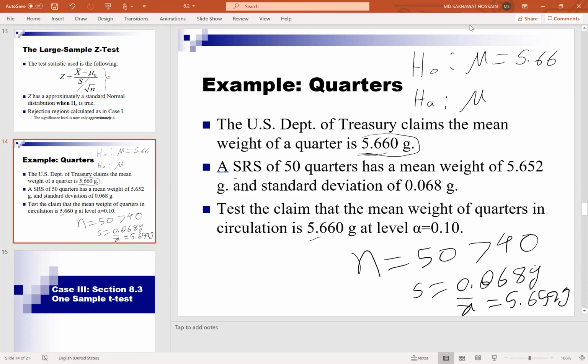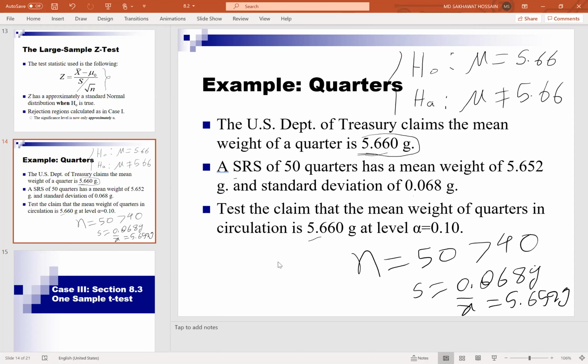So we are assuming that mean is 5.66 gram, and we'll test whether it is different from this claim. That means we want to test whether mu is different from 5.66 gram. So this is our hypothesis.